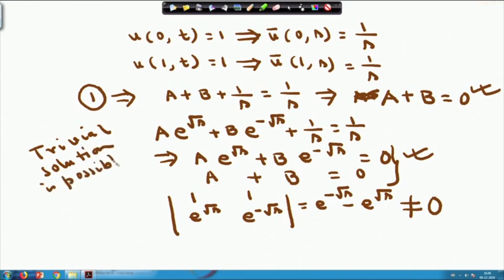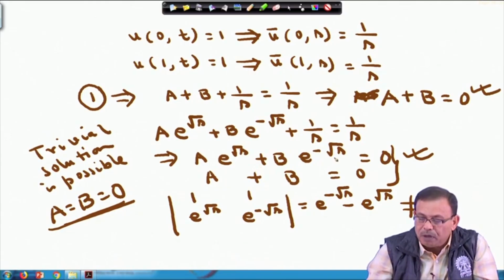And what is the trivial solution for this case? Trivial solution will be a equals b equals 0. So, please note that whenever I have to solve these two equations, I take the determinant of the coefficients, with a plus b equals 0 as the first equation, and a e power root s plus b e power minus root s equals 0 as the second equation.